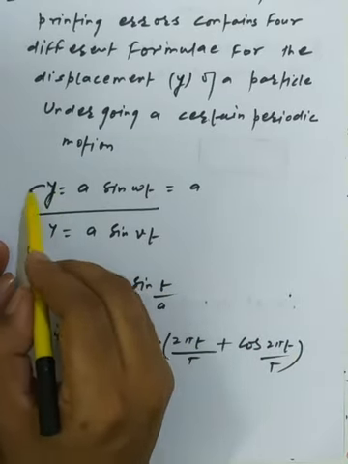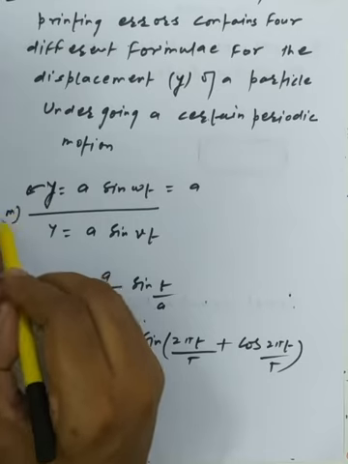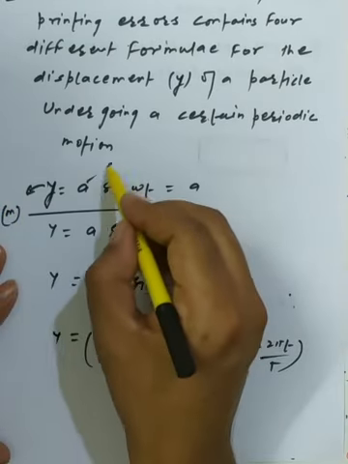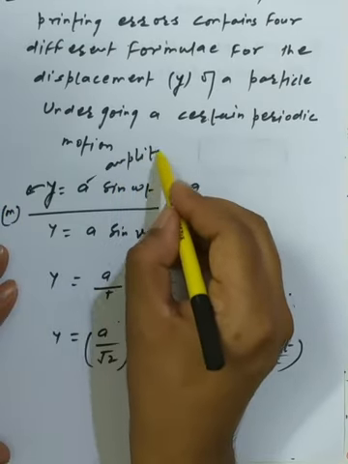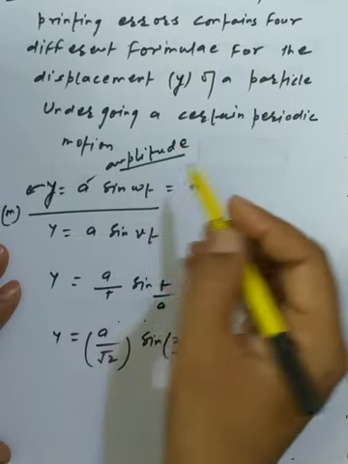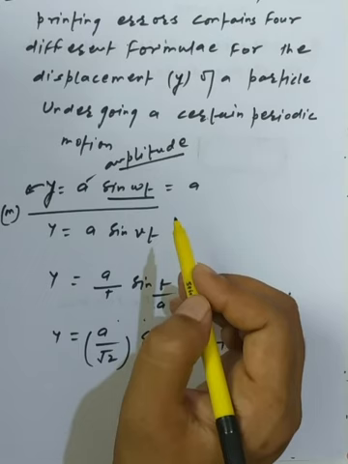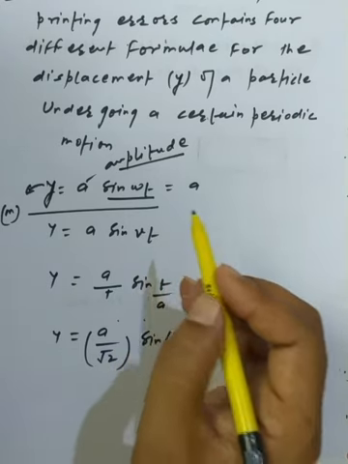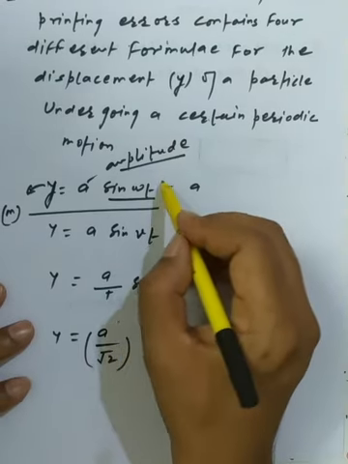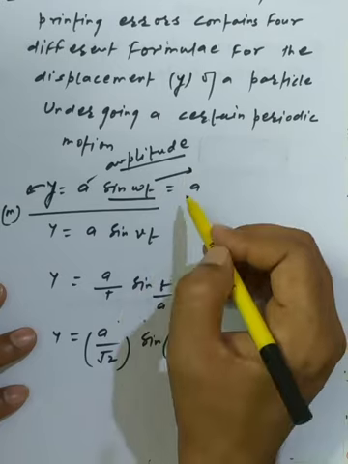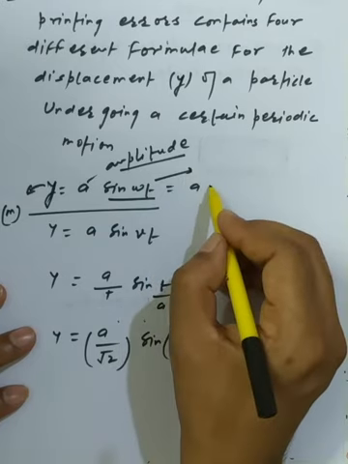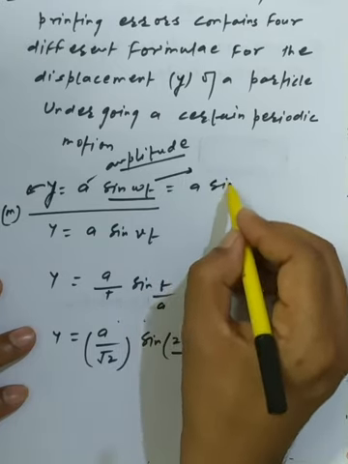Y is the displacement, so it is measured in meter. A is the amplitude of the particle, and this is the angle, and we know that when we assess an angle, it doesn't have dimensions. Okay, so this should be a dimensionless quantity. And finally the representation of this equation, that means sine omega.